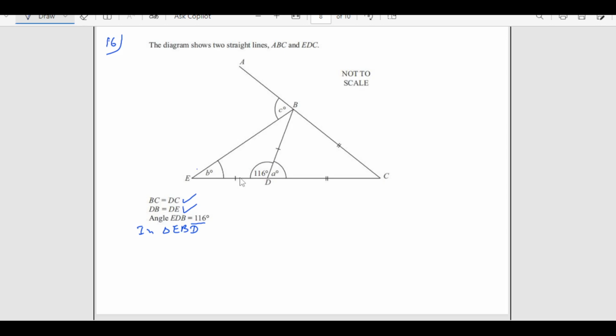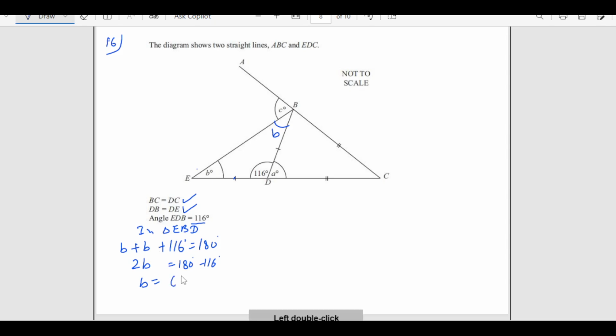So the angle opposite to side ED is this one, which will also be B. Now we have these 3 angles, so we write B plus B plus 116 is equal to 180 degrees. So 2B equals 180 minus 116, which is 64.